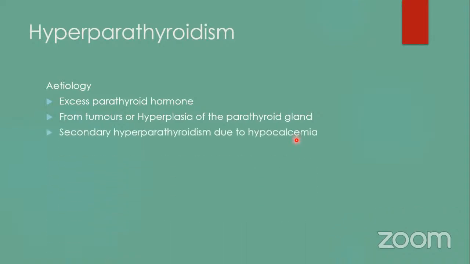The other reason is secondary hyperparathyroidism due to hypocalcemia. If you have less calcium in the plasma, in the blood, then you have hyperplasia of the parathyroid gland, so that you can have more of the hormone and try to balance that calcium.